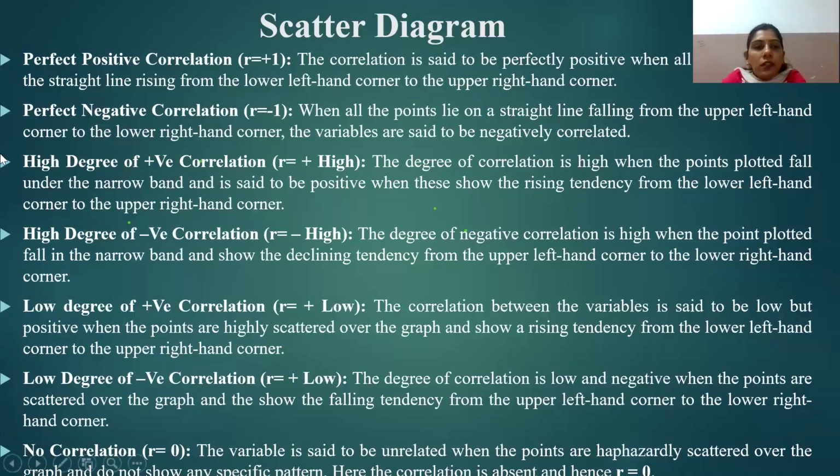So in high degree of positive correlation, the plots which we are plotting are in a rising tendency, and in high degree of negative correlation they are basically in declining tendency.